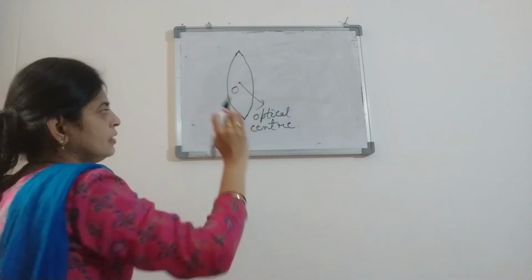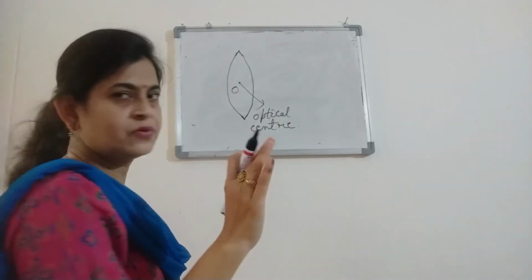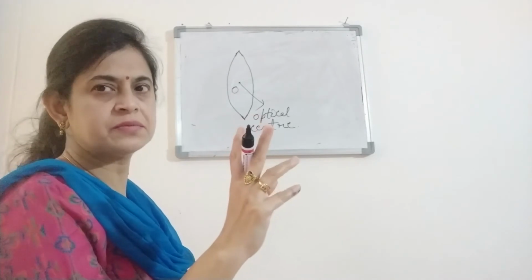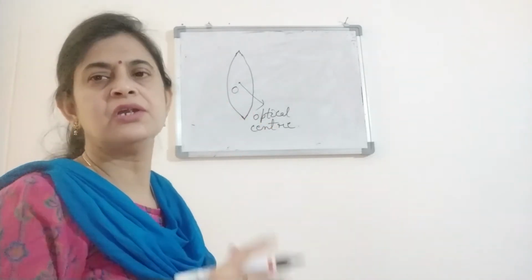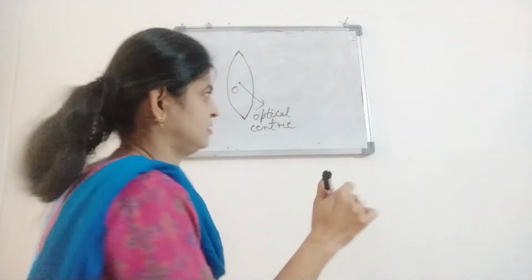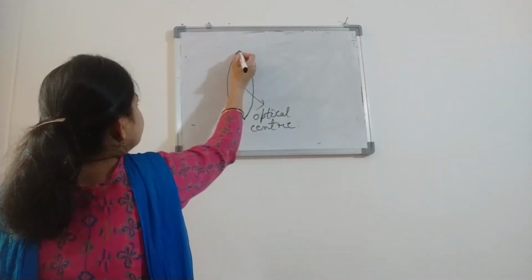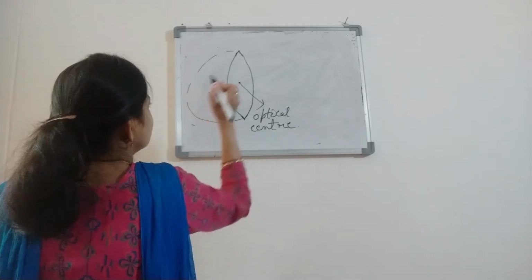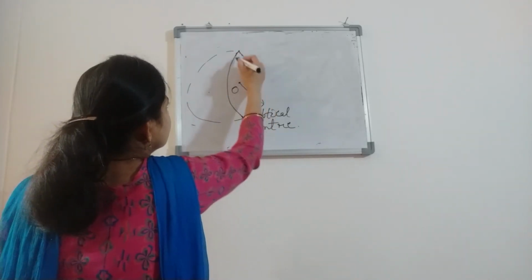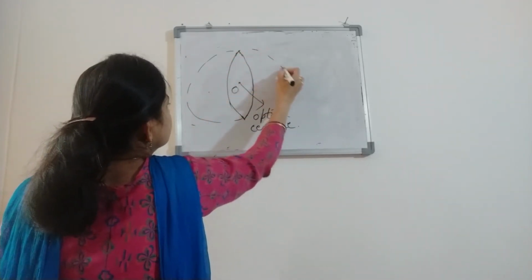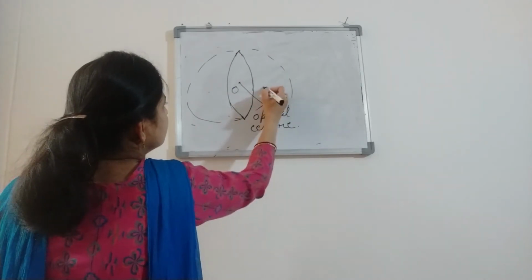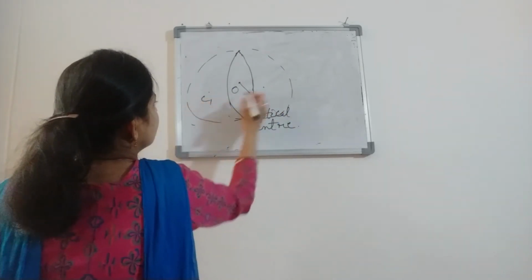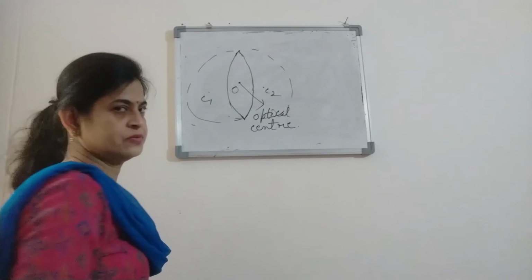And already we have said it has two refracting surfaces. Two refracting surfaces means two centers of curvature. This is one center of curvature, and for this surface, suppose this is another, C1 and C2.